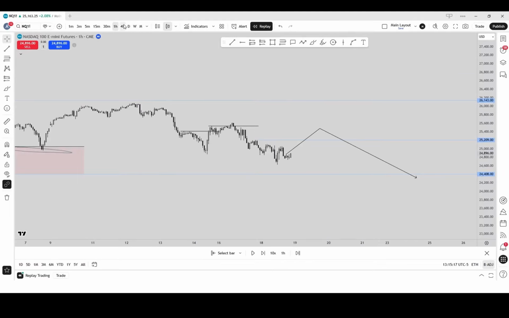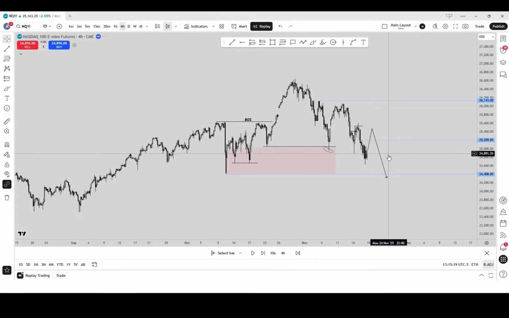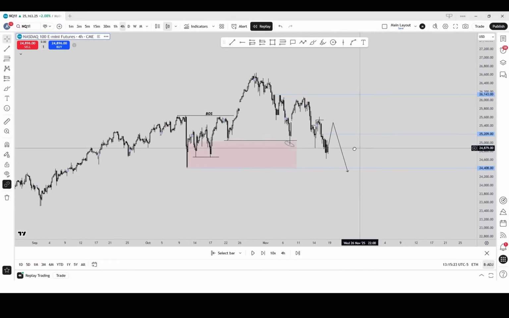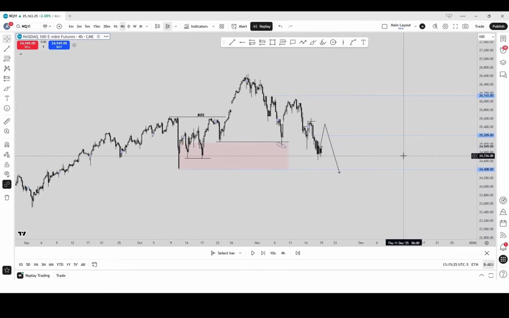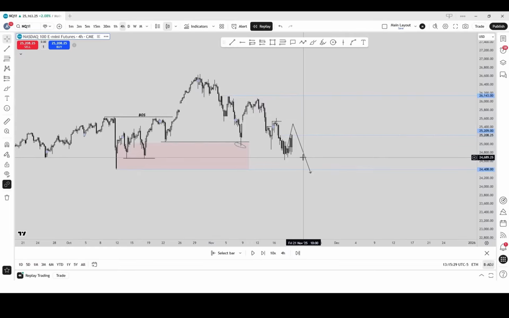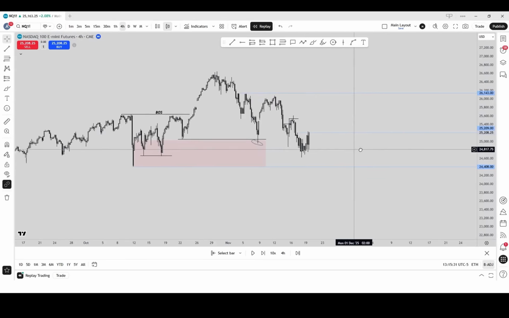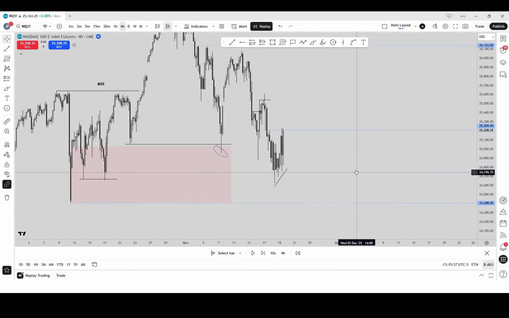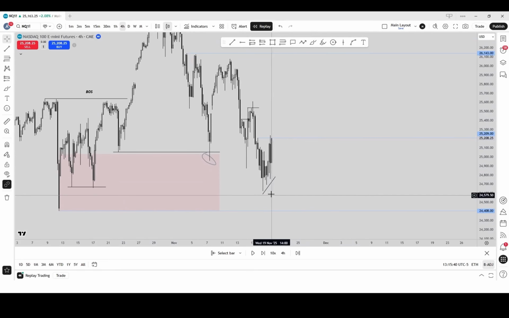Now, let me go back to the 4 hour. We have built liquidity here. We move lower, very simple. Let's play some PA. Boom. It takes out the high, not only this high right here, comes back, respects the low again. Now it's telling me there's a lot of liquidity there.